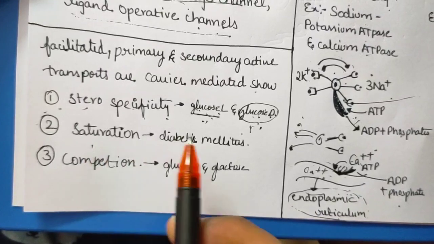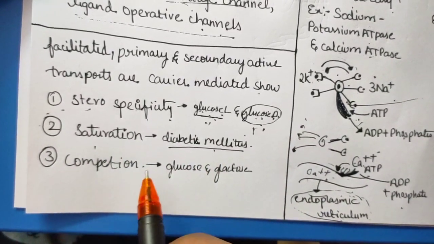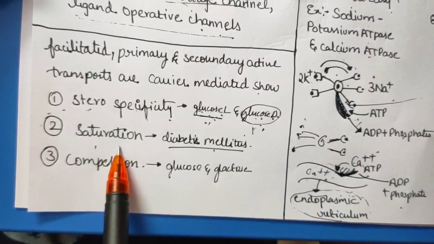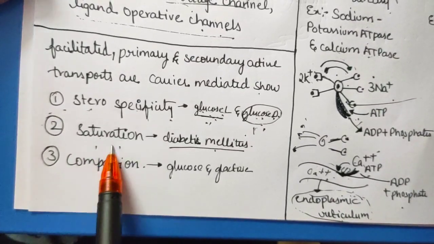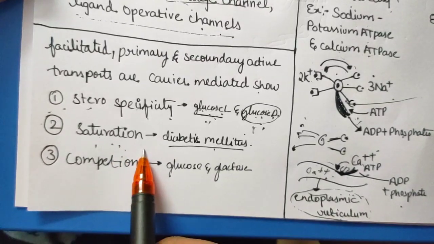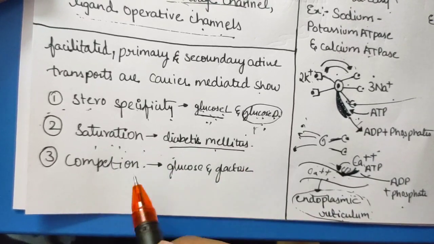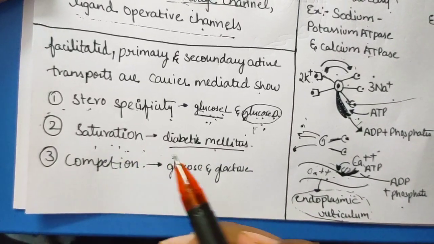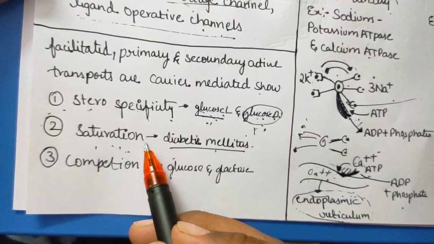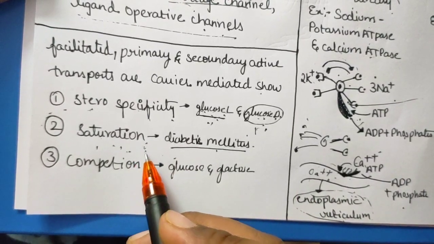Then saturation. In the case of diabetes mellitus, we can see saturation, where for example the insulin is not working properly, then the blood glucose will increase, and all the channels are busy, occupied with the entry of glucose, so there are no more channels left.